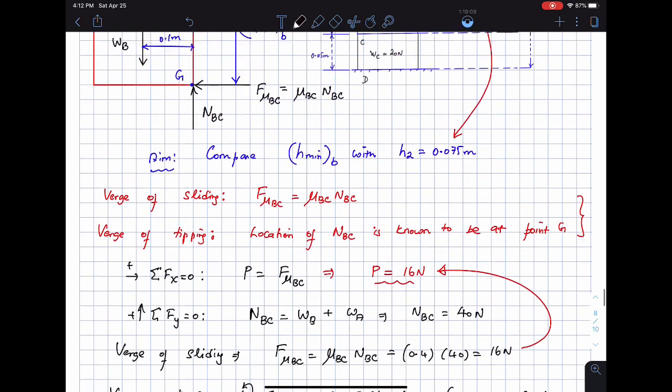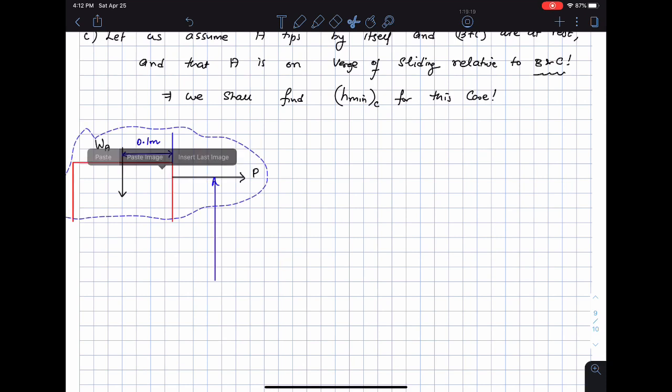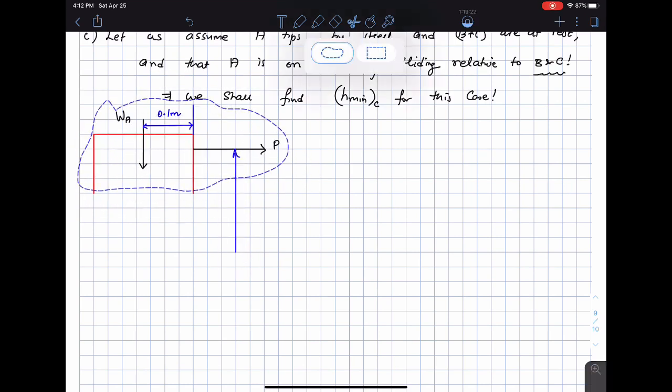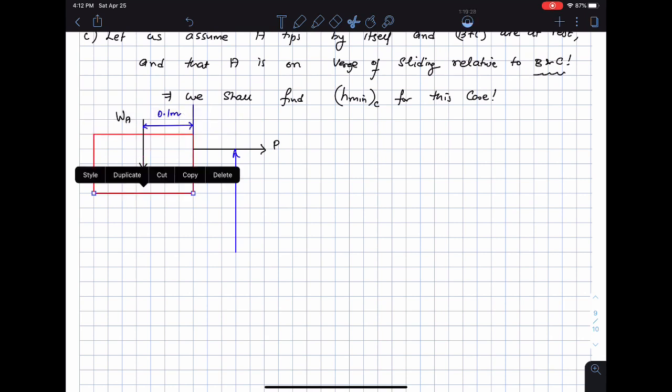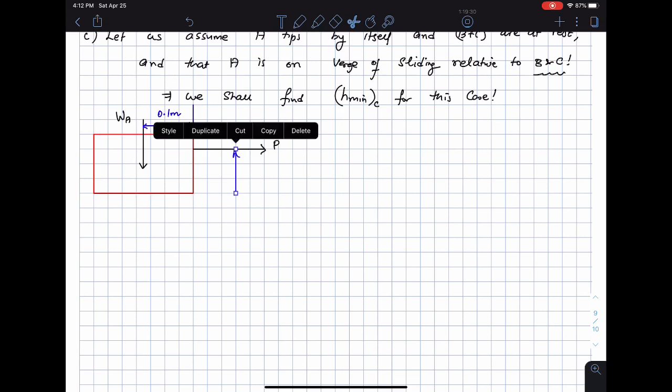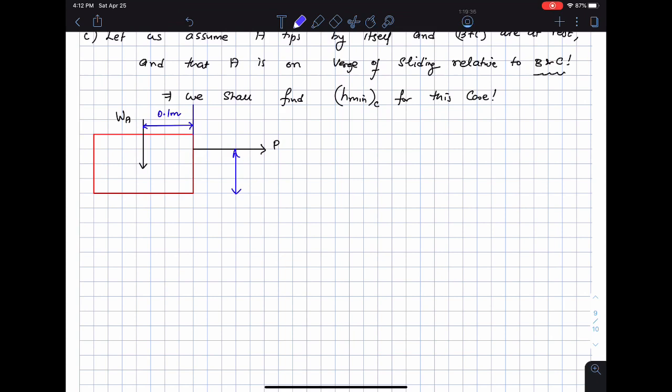Okay, so I'm going to draw the free body diagram once again from before. I'm just going to copy this figure and bring that down here, and probably duplicate one of these so as to complete the figure. I'm going to call this height H minimum C. Then this contact point, let me first draw the forces at this contact point because it's on the verge of tipping and sliding.